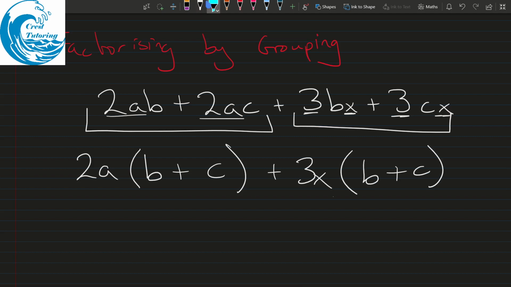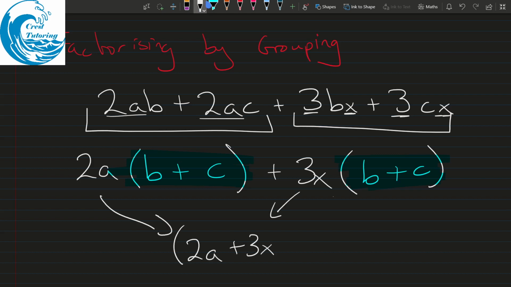And for factorizing by grouping, these two brackets always have to end up equaling each other. So once that happens, you know you're right. And then your answer is you just make a bracket, 2a plus 3x, and then you put your other bracket, so b plus c. That's your whole answer for those ones.